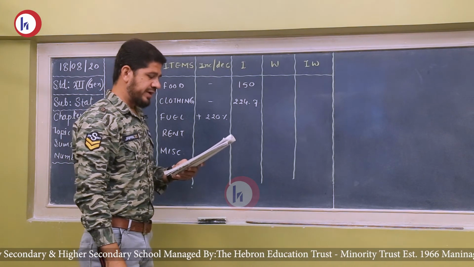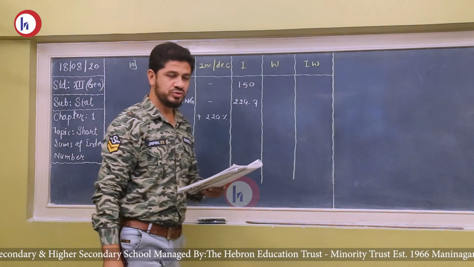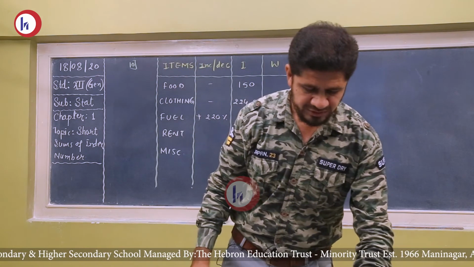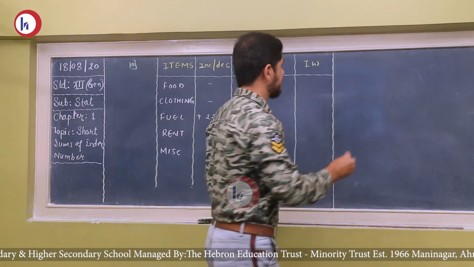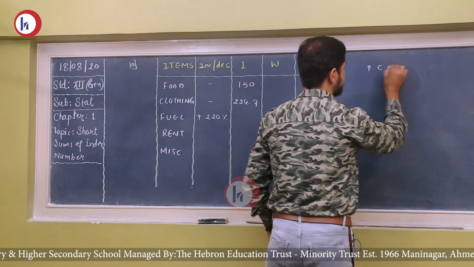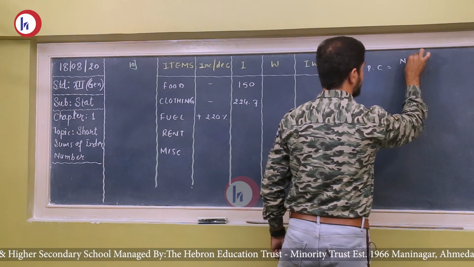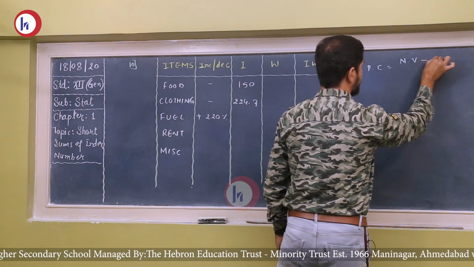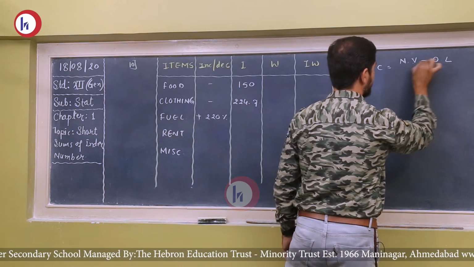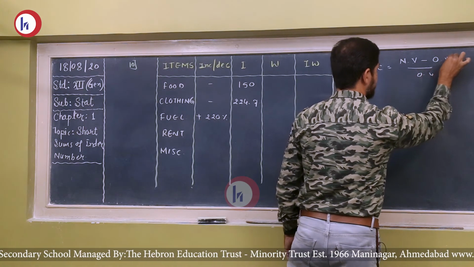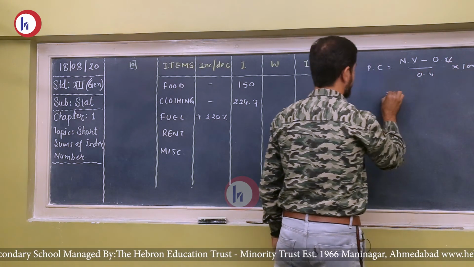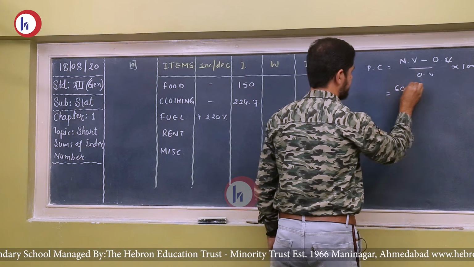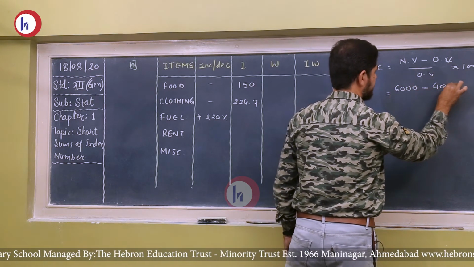The expense of rent has increased from 4,000 to 6,000. So what is the percentage change? I already explained the formula: new value minus old value upon old value into 100. Now the new value is 6,000, old value 4,000.